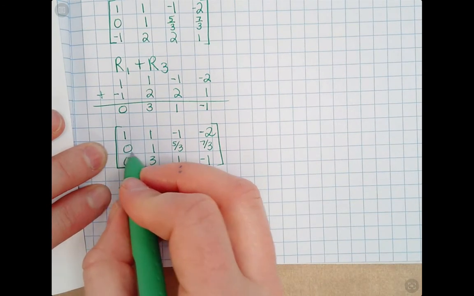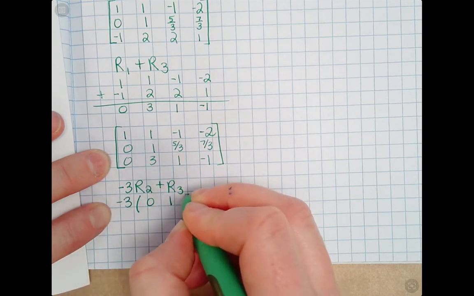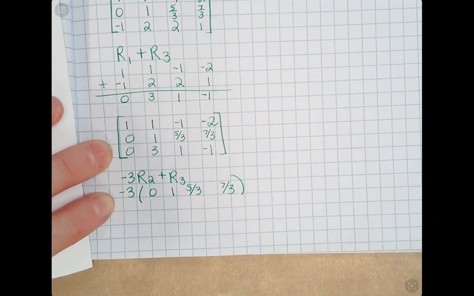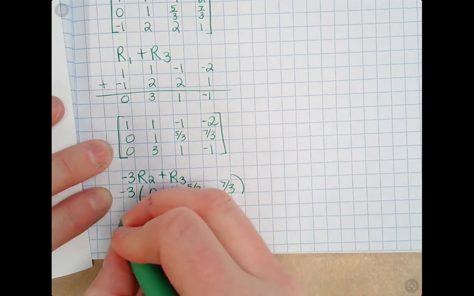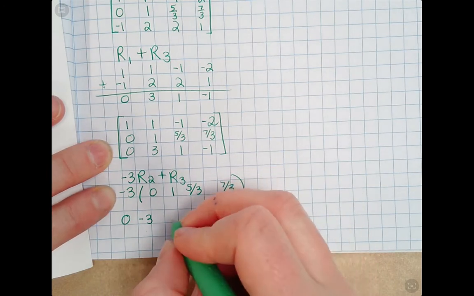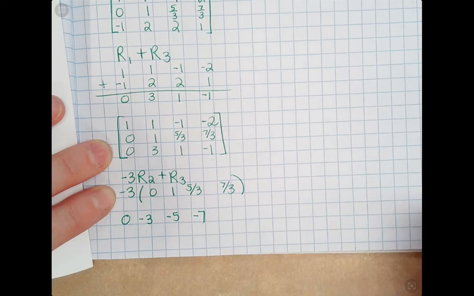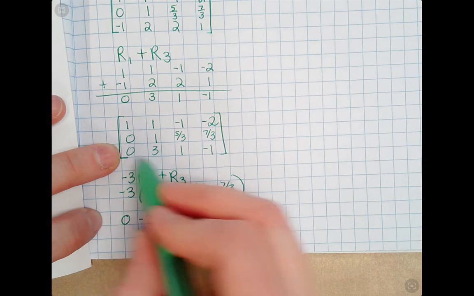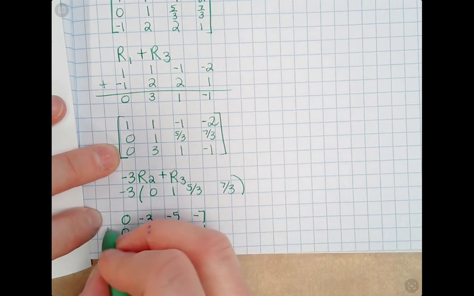So let's go ahead and multiply row 2 by -3. So this is -3, 0, -3, -5, -7. Then I add it to the row 3 that we have, 0, 3, 1, -1.